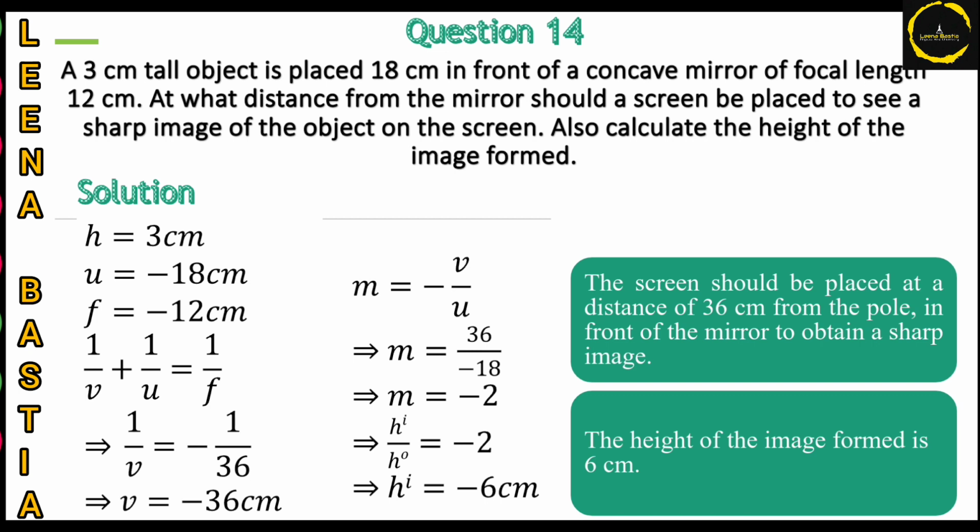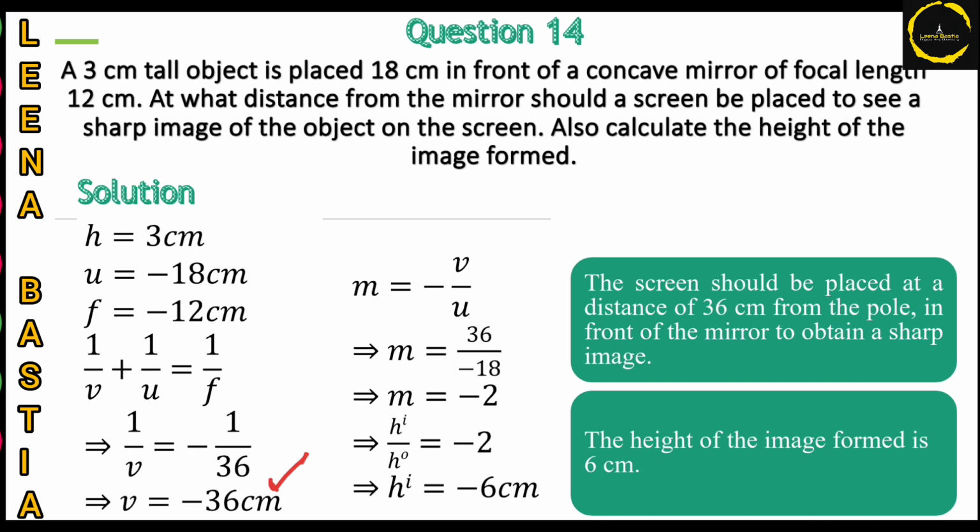So v value, after substituting all the values, we got minus 36 centimeter. Because we got the value in negative, this is minus 36. So here we got the nature, if at all it is asked in the question. You have to just remember what is asked in the question and accordingly answer at the end, like the way I had shown in the green boxes.